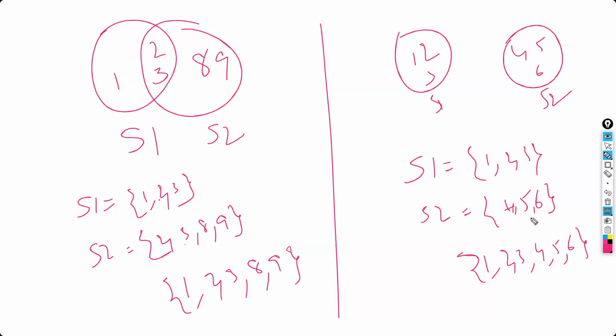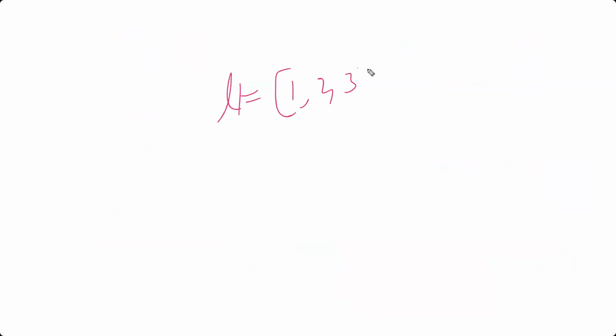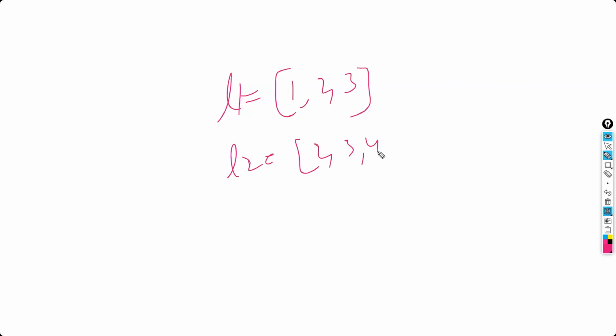Union will add, for example, a list. L1: 1, 2, 3. L2: 2, 3, 4. Now, if I do the concat, what happens? 1, 2, 3, again 2, 3, 4.